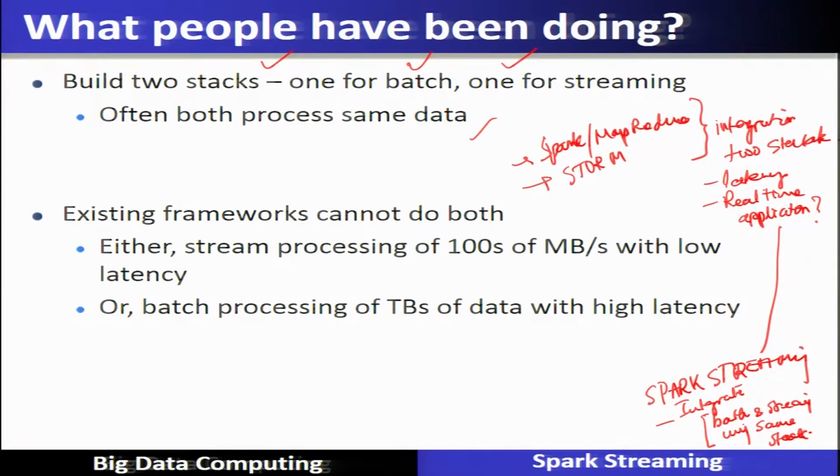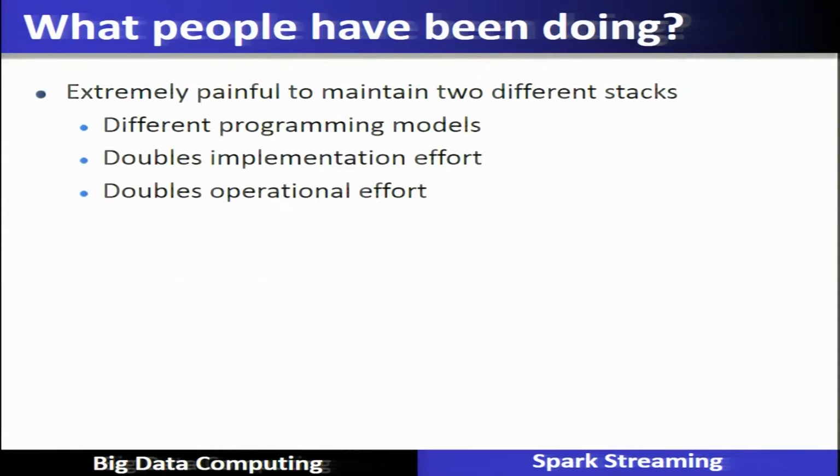So, Spark streaming is the new technology which we are going to discuss, and we will also be seeing different use cases where batch processing and stream processing together are required in many applications.